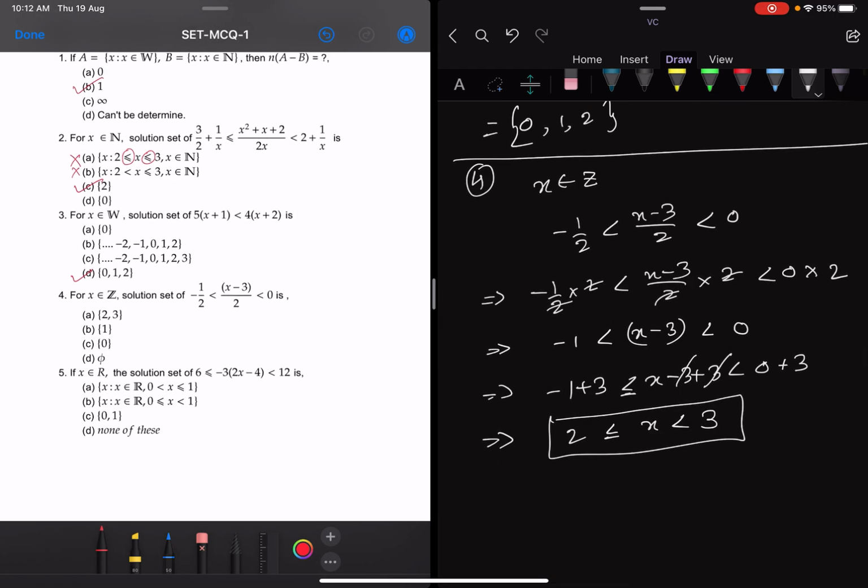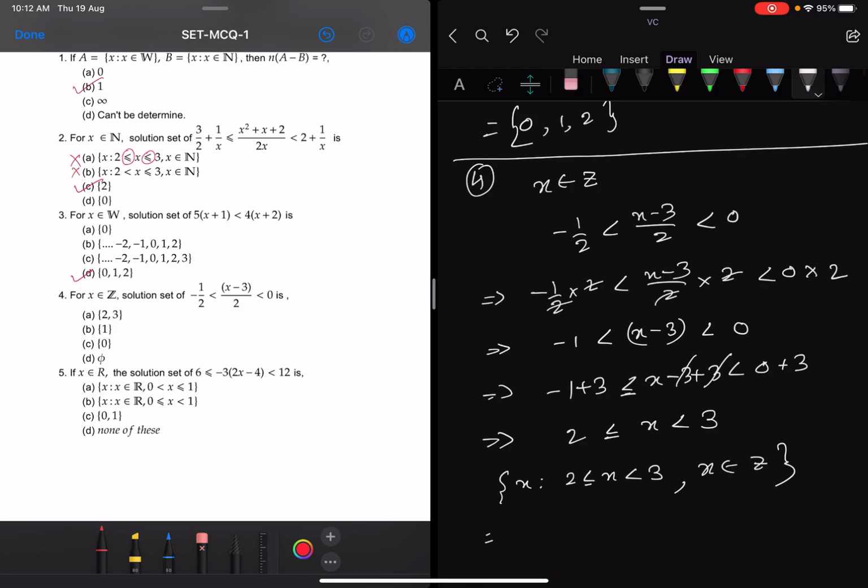So this is the solution, and the solution set will be x such that 2 less or equals to x less than 3, comma x belongs to Z. That means x is an integer, and 2 is included and 3 is not included.